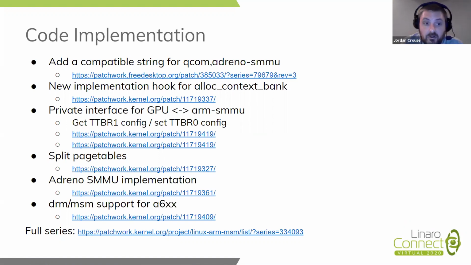Then the next step would be to allocate and do split page tables inside of ARM SMMU. A long time ago, Will Deacon and Robin Murphy did a lot of the work to allow IO page table to understand split page tables. So we piggyback on that, and it's basically a matter of configuring it so that in the hardware, the configuration for TTBR0 and TTBR1 are almost identical.